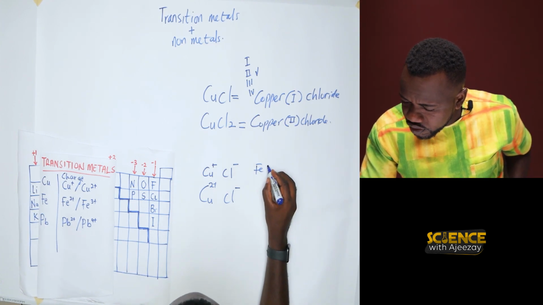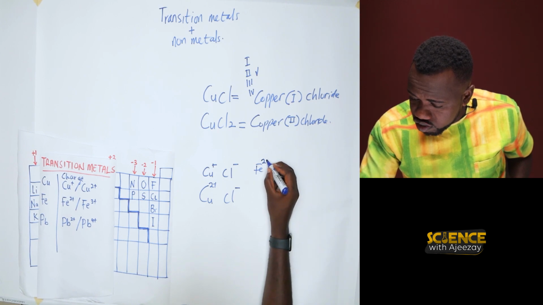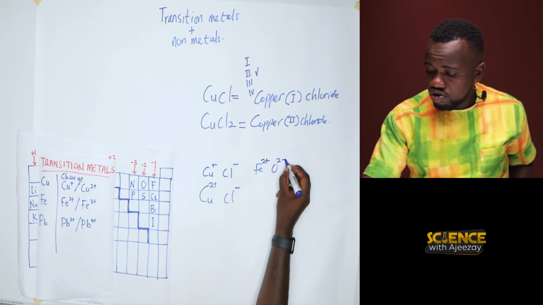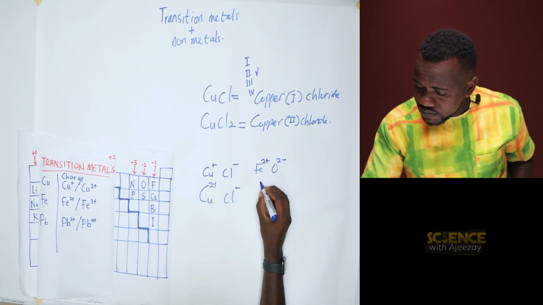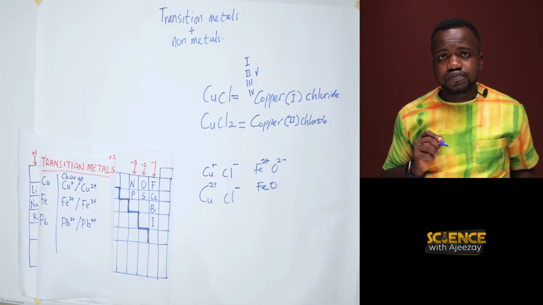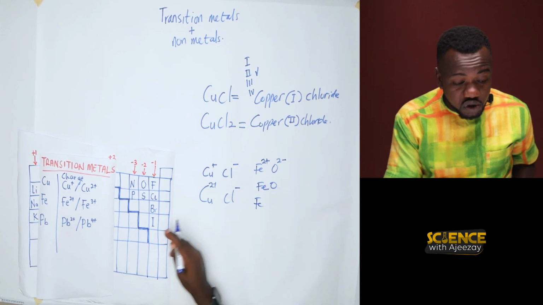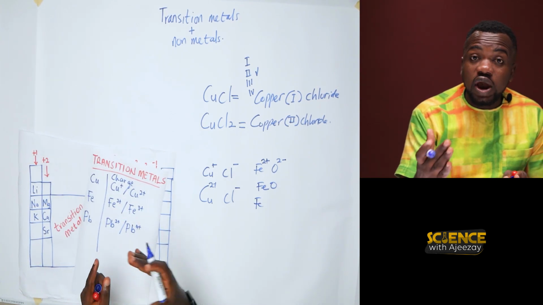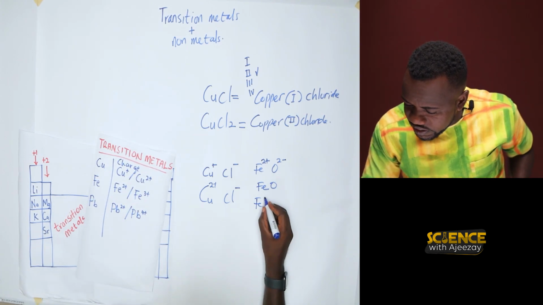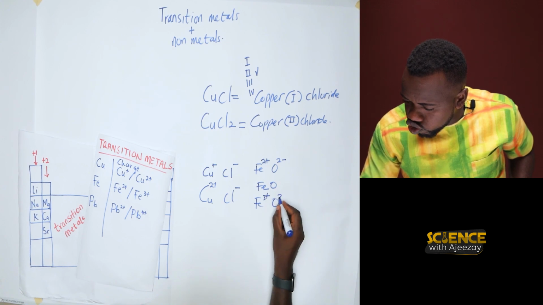So here we can have Fe2+ and O2-, and this one will give us FeO. Then if you come to iron 3+, because iron forms two ions, that's 2+ and 3+, let's do the 3+ and then O2-.